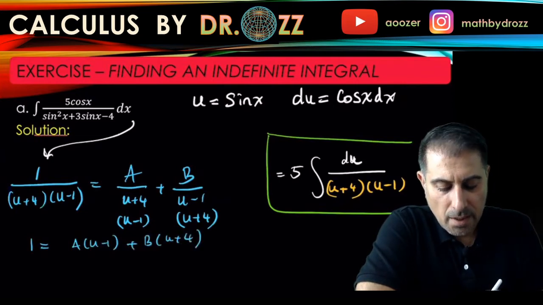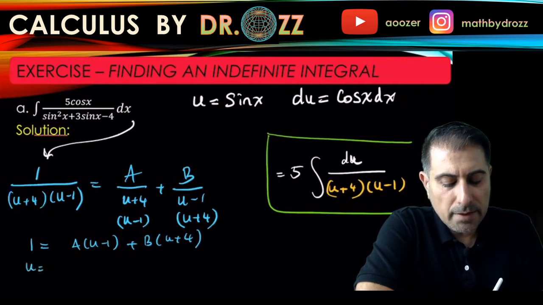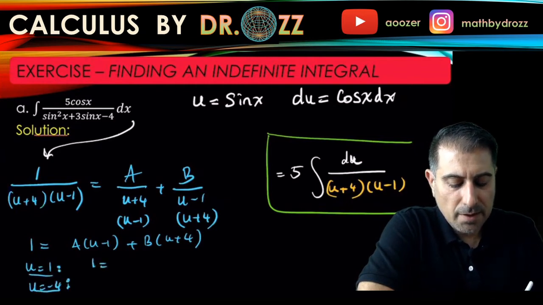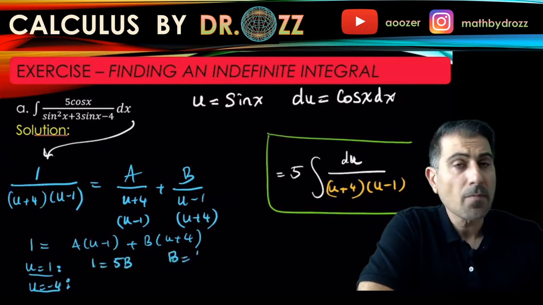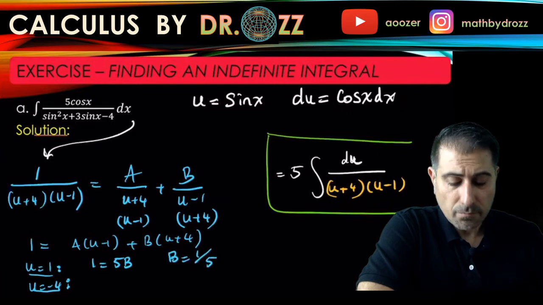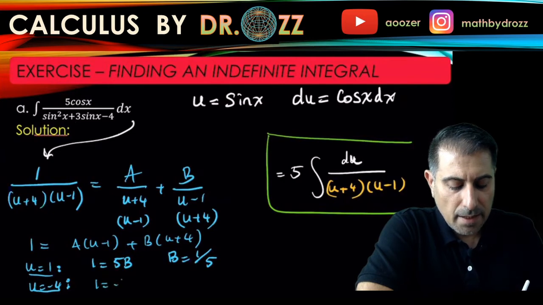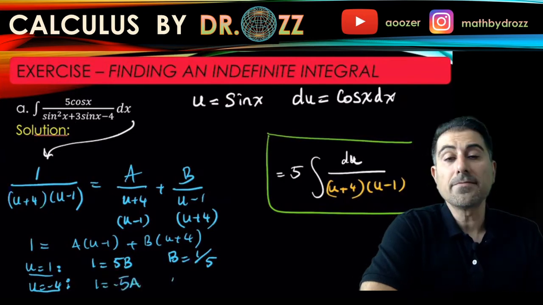One is 1. The other one is -4. If u equals 1, 1 equals 5b. That implies that b equals 1/5. And if u equals -4, 1 equals -5a, and a equals -1/5.